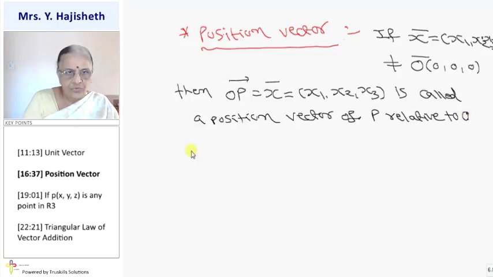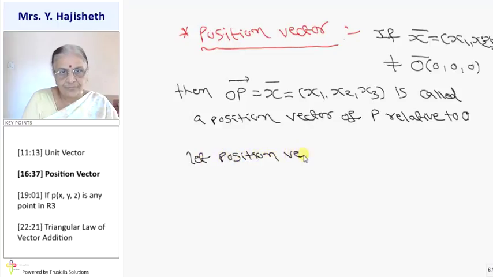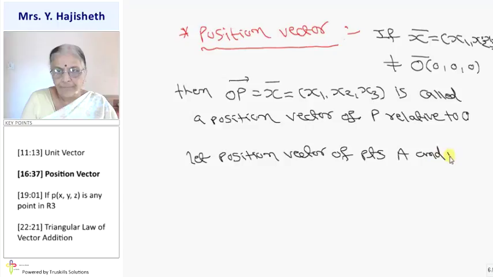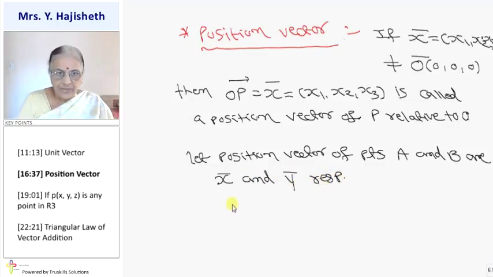Suppose you want to define vector AB. Let the position vectors of two points A and B be vector x and vector y respectively. Matlab OA is x and OB is y. Then how do I define vector AB?